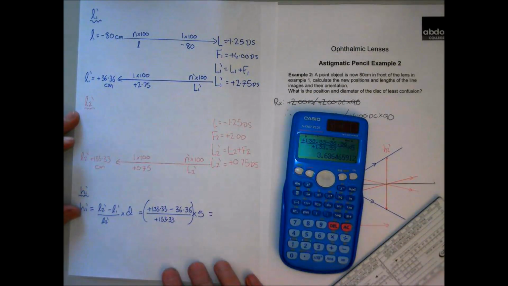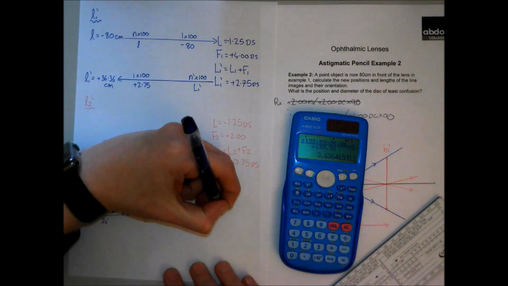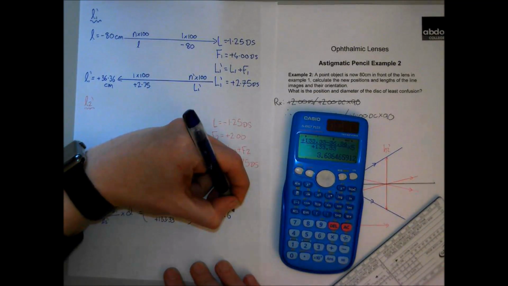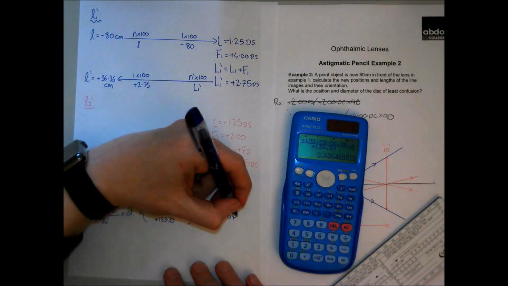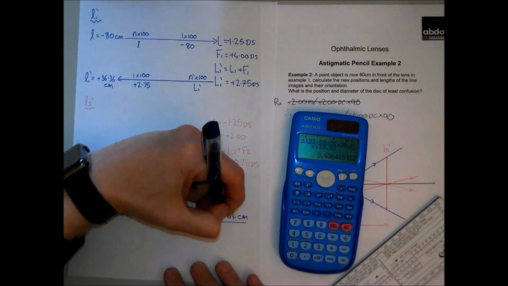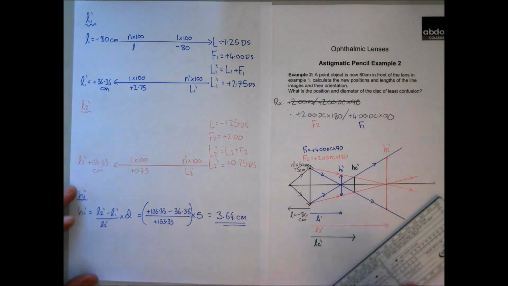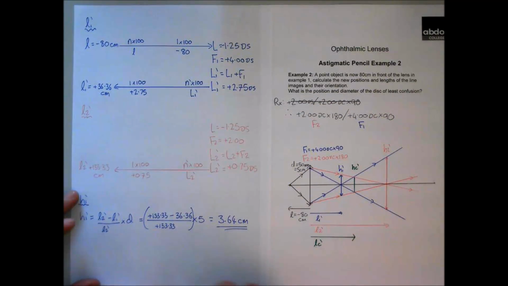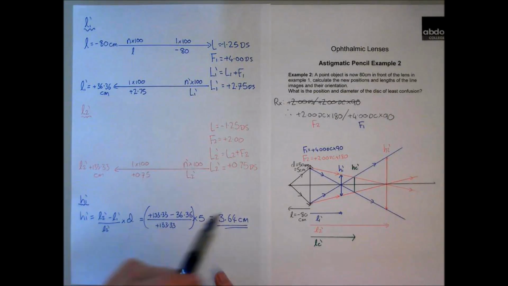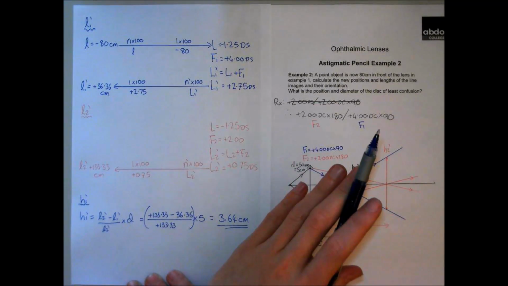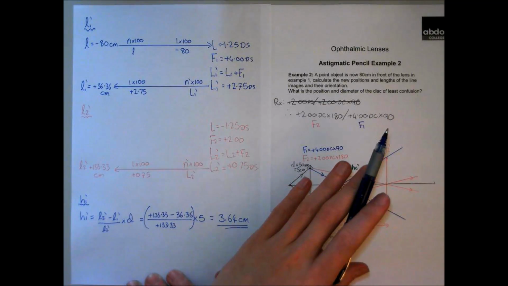So that tells me that this line image is 3.64 centimeters, if I'm rounding it to 2 decimal places. That's the size. And as for orientation, one of the big and important points of our astigmatic pencil, one of the reasons that we work in cross-sill, is we know that cylinders make a line image along their axis.